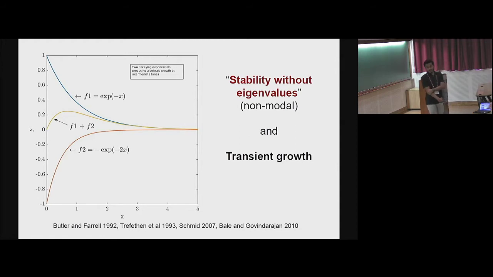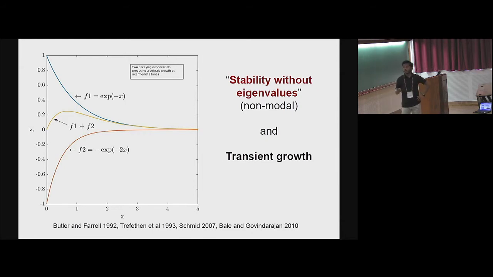When the matrix M is not normal, then simple eigenvalue analysis doesn't really give you all the information regarding the system. As is shown here, I start with two initial conditions of my choice, and let's say the matrix M has two negative eigenvalues, and all the initial conditions will die down at longer time limits.